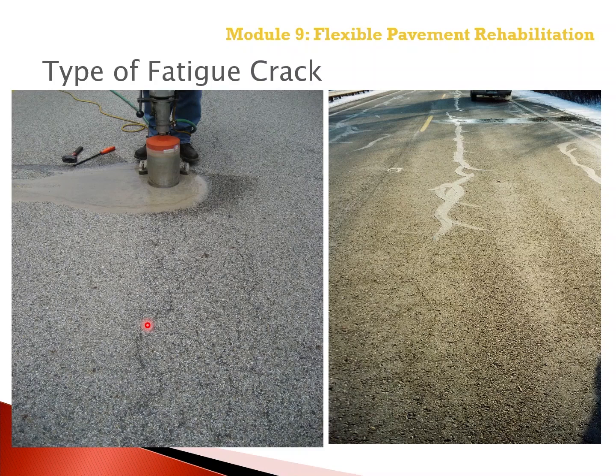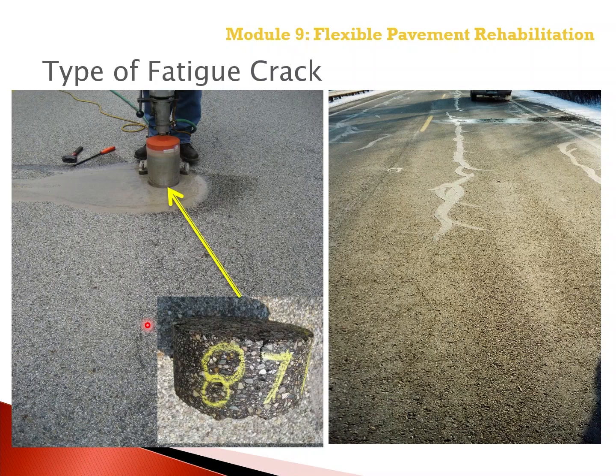However, the core taken from the project on the left shows that the cracks are confined to the top 1 inch of the core. Many cores were taken along the project, and the depth of the cracking varied from about 1/4 of an inch to about 1 inch at the deepest.